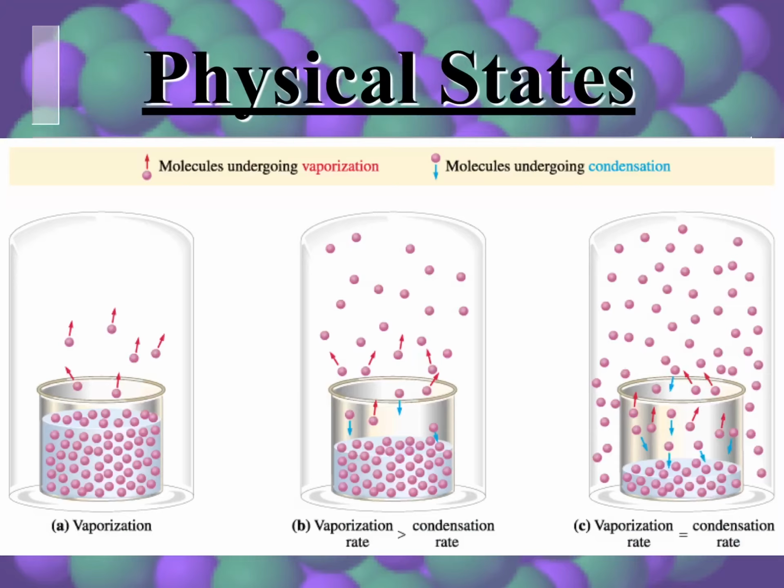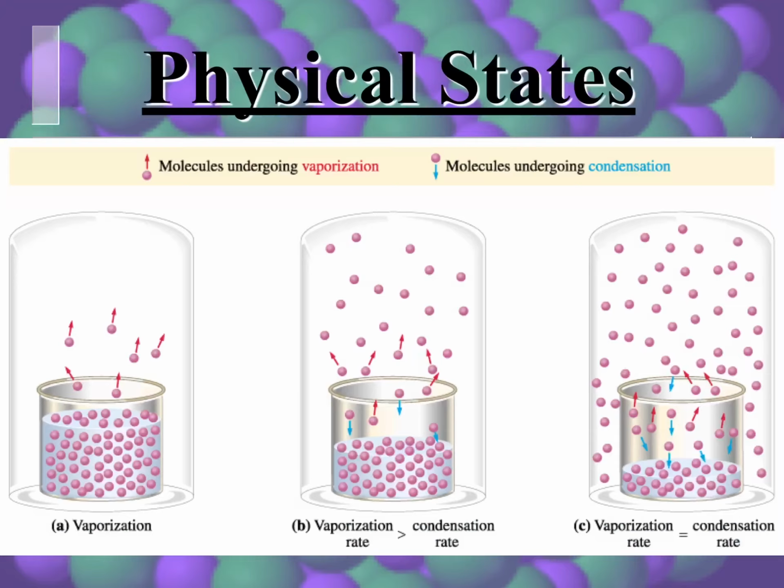Some things evaporate very quickly, like alcohols or acetone, whereas things like water, which have high intermolecular forces, do not evaporate quickly. But as you start to accumulate gas particles, like in the middle diagram here, now you have a lot of particles entering the gas phase.